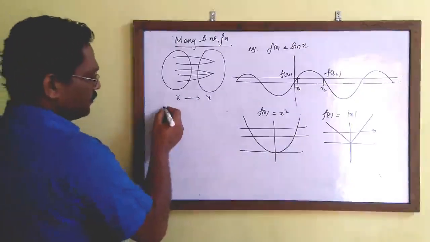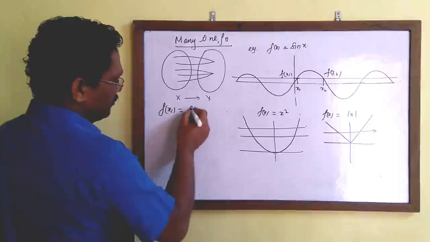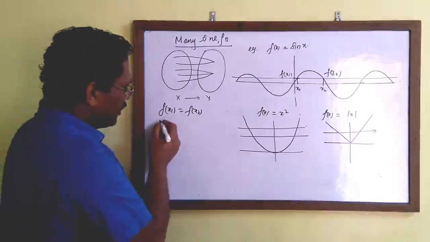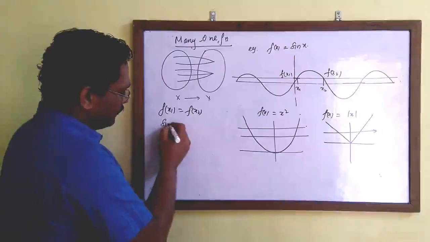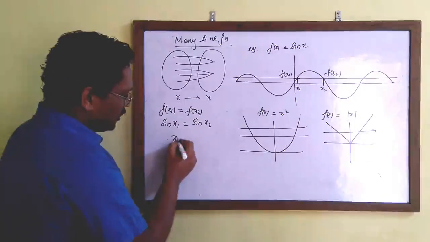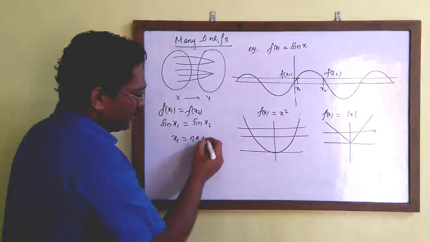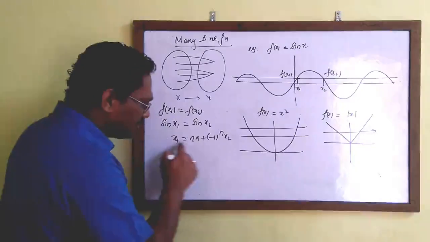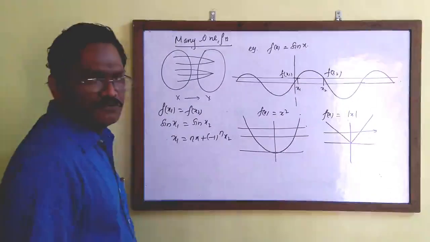So on solving an equation f of x1 equal to f of x2 of this structure, see what I am getting. Let us solve sine of x1 equal to sine of x2. So we can write x1 as n pi plus minus 1 to the power n times x2. Now is it necessary that x1 is equal to x2?